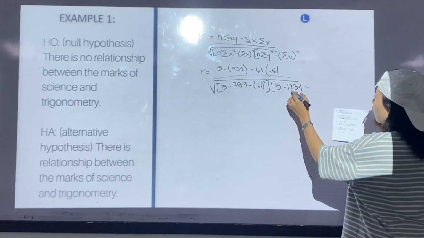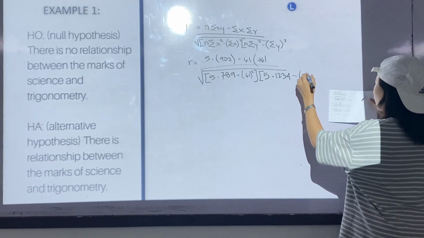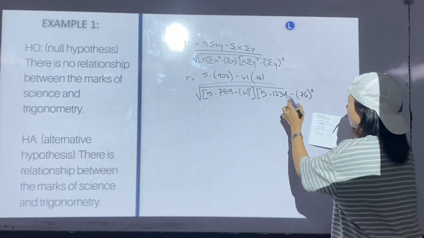For our y, we have 1234, minus the sum of y values, which is 76, squared.